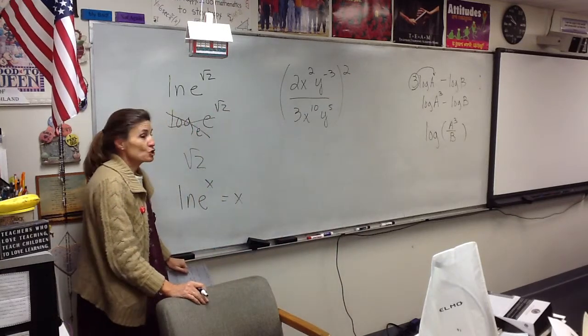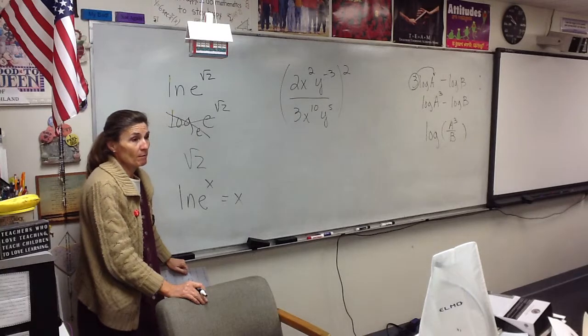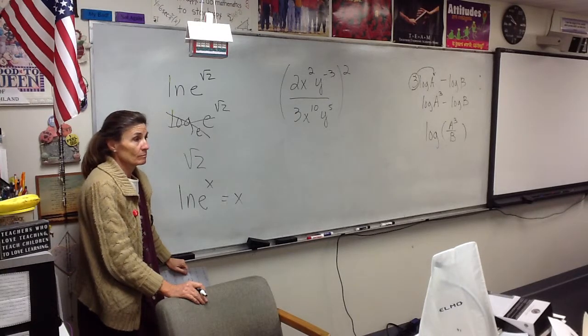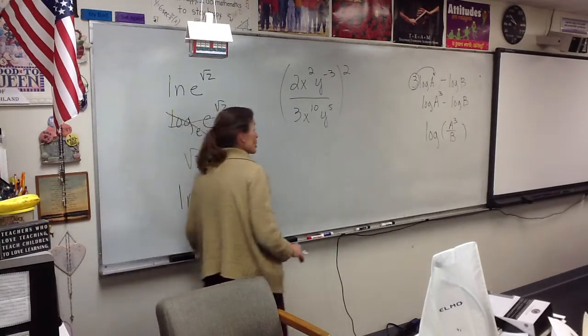All right, now we got this giant exponent problem. All right, here we go. What are we going to do with this giant exponent problem? Square everything? We can start that way.